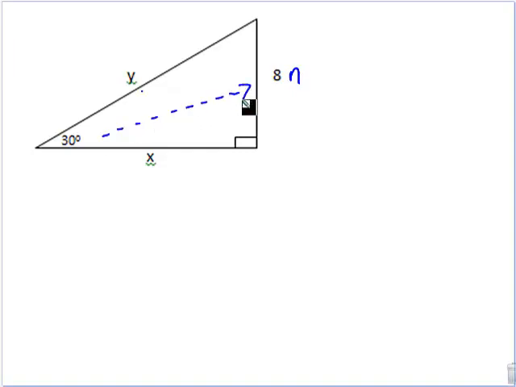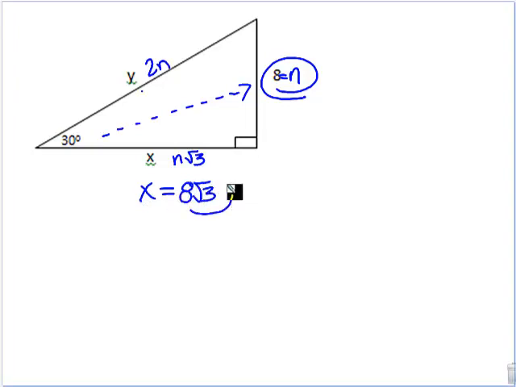What side will the x be? N square root of 3. And what side will the y be? 2n. Okay, so if my 8 is equal to n, what does my x have to be here? 8 square root of 3. What does my y have to be? 16.